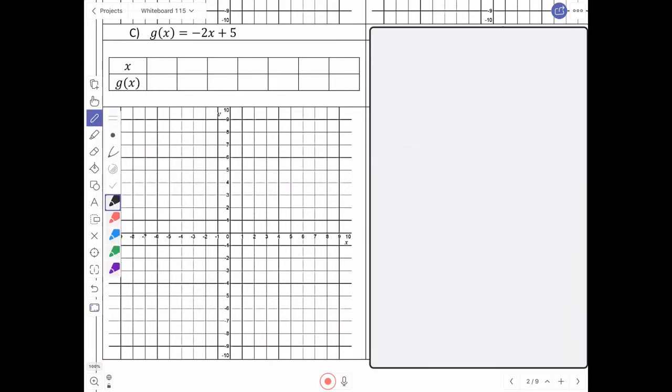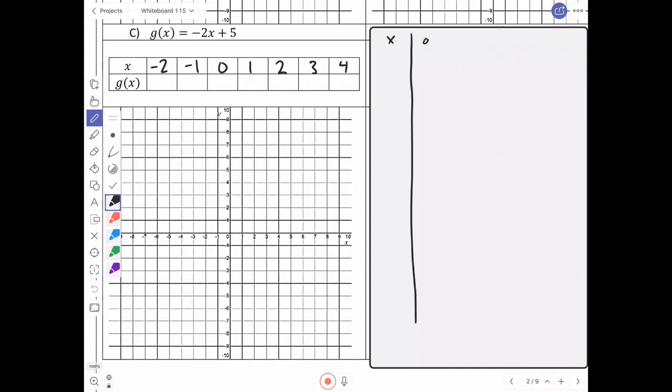So I'm going to say, let's check out -2, -1, 0, 1, 2, 3, 4. And really any x values you use here are going to be good.